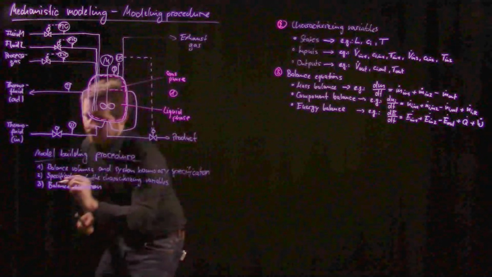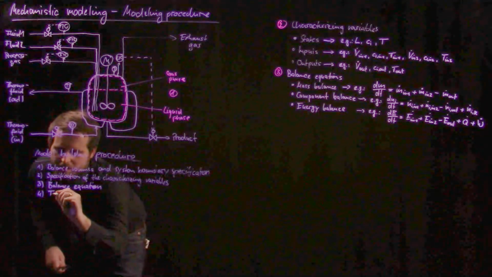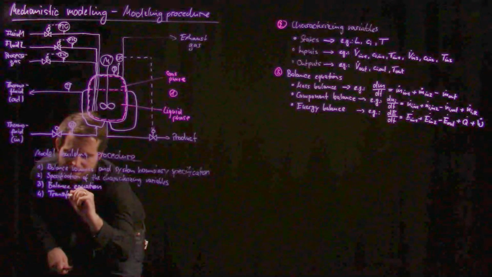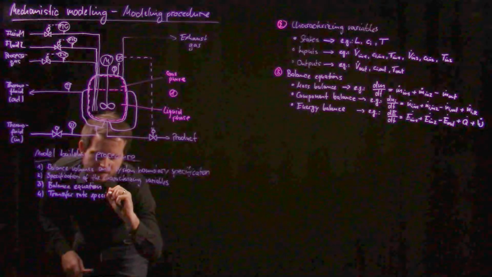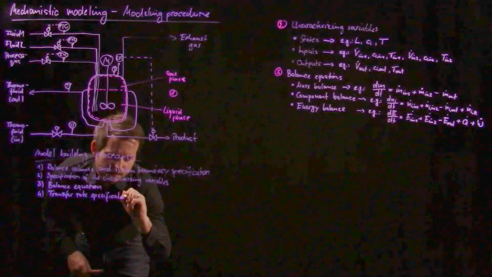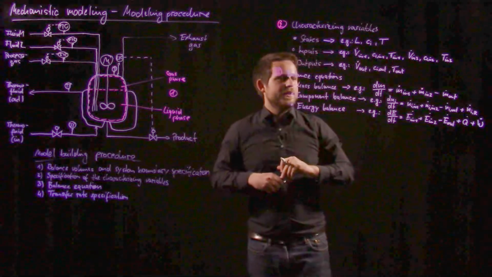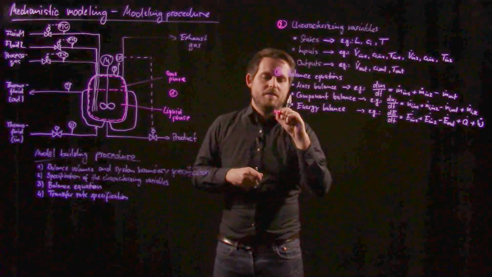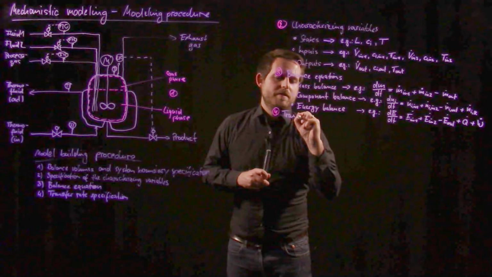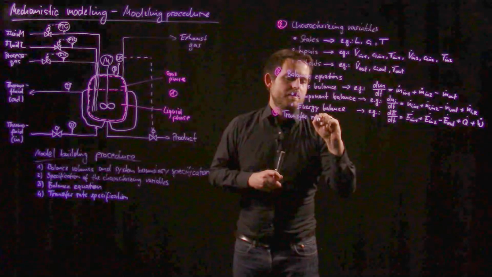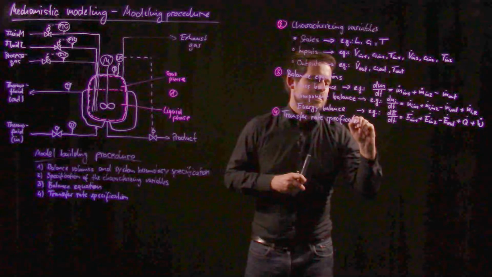So the next step in our recipe then is to say, okay, we need to talk about transfer rate specifications. And we already talked about one example. We'll see in a second. So this is 4. Transfer rate specifications.